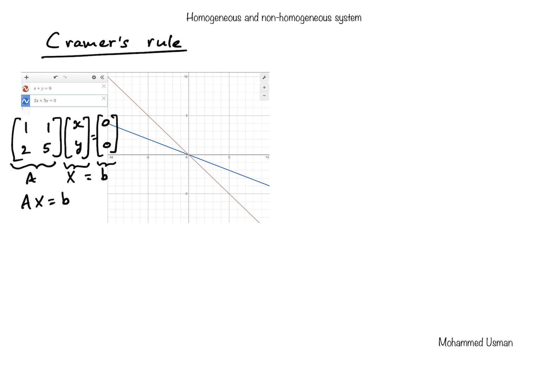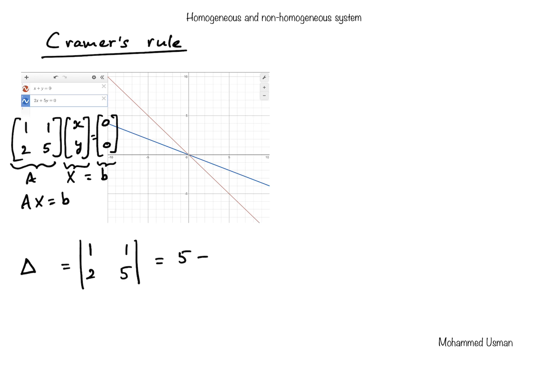And to solve it using Cramer's rule, we first compute the determinant of the coefficient matrix. So we write 1, 1, 2, 5, and compute the determinant. We'll call this determinant simply delta. In this case it's going to be 1 into 5, so we just do the cross multiplication, 1 into 5 minus 2 into 1.